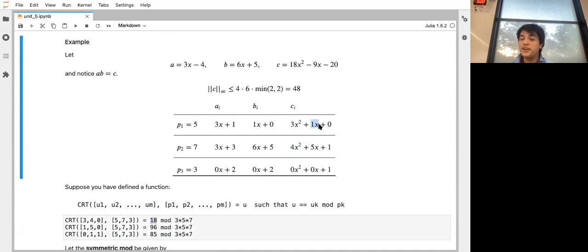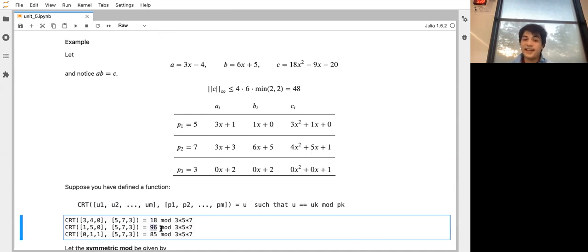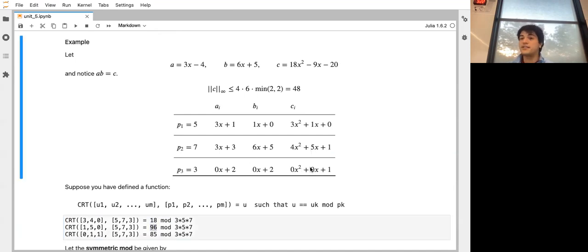Well, I also know that the linear term has coefficient 1 mod 5, coefficient 5 mod 7, and coefficient 0 mod 3. That's what this is. So the linear coefficient is going to be 96 because that is the number which is 1 mod 5, 5 mod 7, and 0 mod 3. What about the constant term? Well, the constant term of the product is 0 mod 5, 1 mod 7, and 1 mod 3.